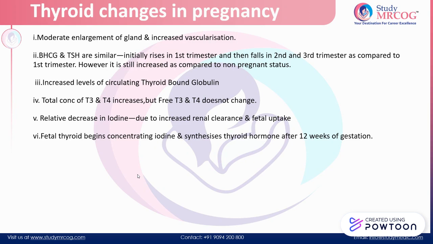Then you have increased levels of circulating thyroid bound globulin. Because TBG is increased, then the total T3 and T4 increases, but free T3 and T4 do not change. There is a relative decrease of iodine because of increased renal clearance, and also iodine is actively transported to the fetus because the fetus has its own thyroid gland. It starts concentrating iodine, and it has been seen that the fetus synthesizes the gland at about 12 weeks of gestation.